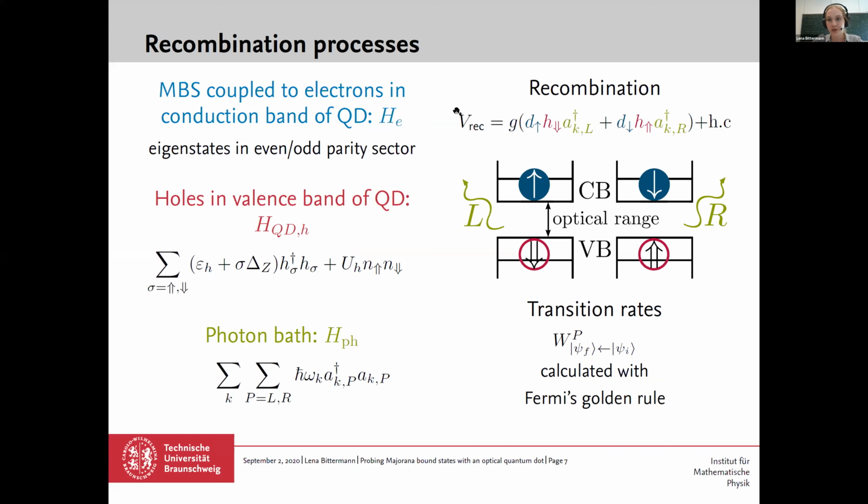The recombination is determined by this here, where in this scheme you can see that up electrons always recombine with down holes to left polarized photons, and vice versa recombine to right polarized photons, because here the angular momentum is conserved. For the transition rates, we use Fermi's golden rule.